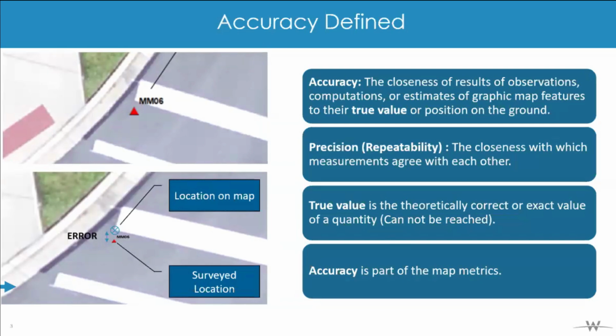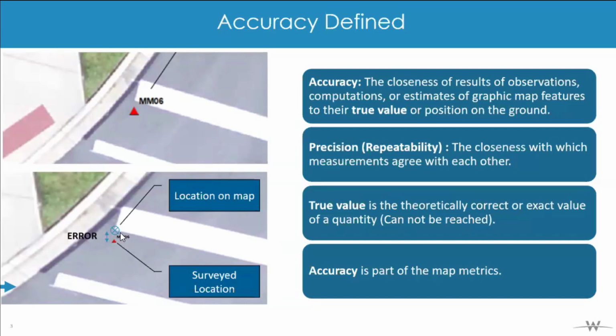And on the graphic, if you're not familiar with how we measure accuracy, if you look at an ortho, on the upper left you have the triangle, the position. If I superimpose that position from the surveyor in the field on the ortho, most of the time, if not all the time, this survey is not going to fit the position on the ortho perfectly, because the ortho always has some error.